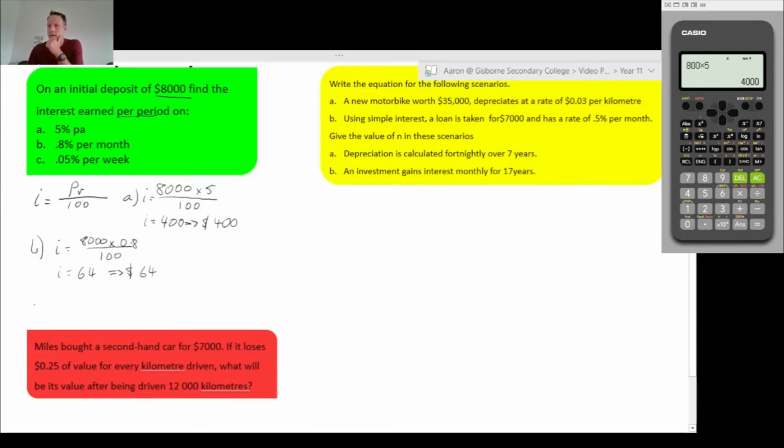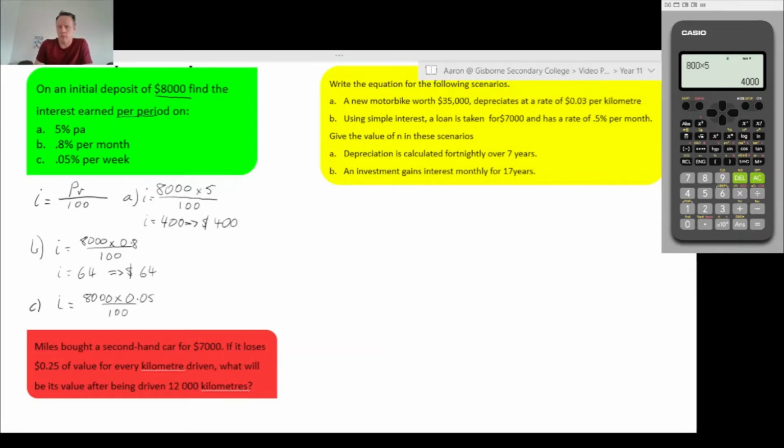Okay. And last one, always important to check how many zeros you've got. Makes a big difference. Our interest earned in this one is equal to $8,000 started with again, times 0.05, all divided by 100.